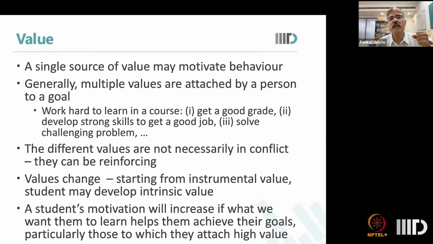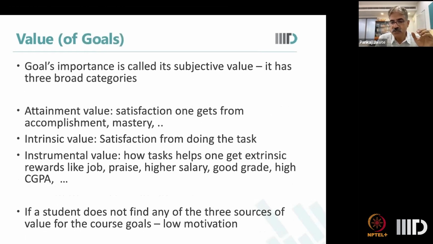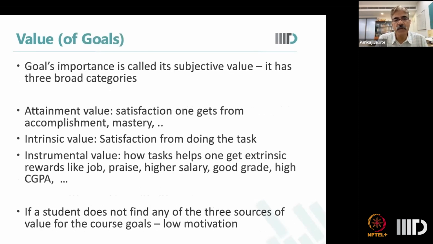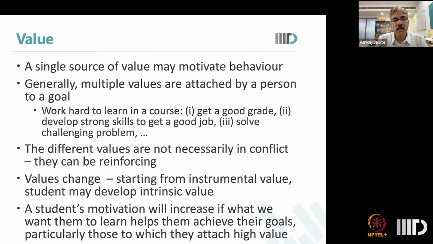Oh, I'll get a good grade. So that's the instrumental value. I'll develop strong skills to get a good job, again instrumental value. Solve challenging problems, that may be more attainment value, intrinsic value, right? So the student may have multiple values attached to a goal. And the more you can attach to the goals of your course, the learning outcomes of your course, the better motivation the student will have.